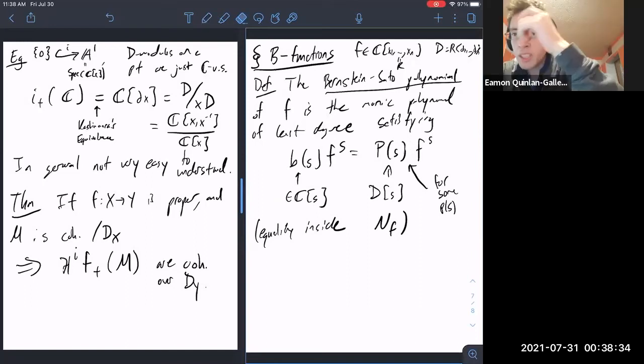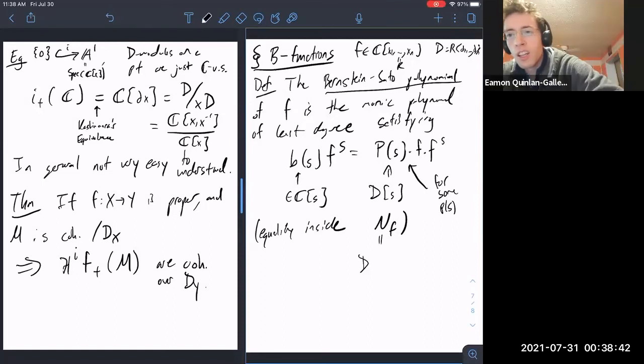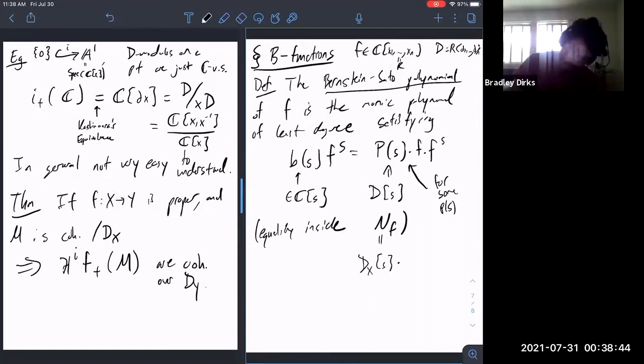And maybe since it's been a while, can you remind us what NF was? Yeah. NF was just D[s] times f^s, the D[s] module that's generated by this one symbol. But a priori, we don't know if it's finitely generated over the ring of differential operators.